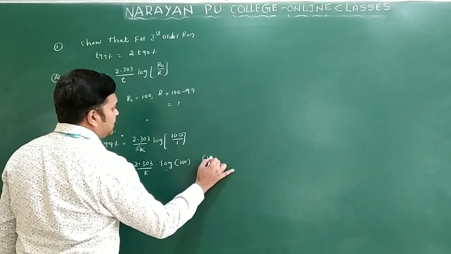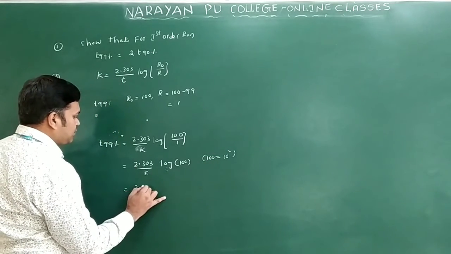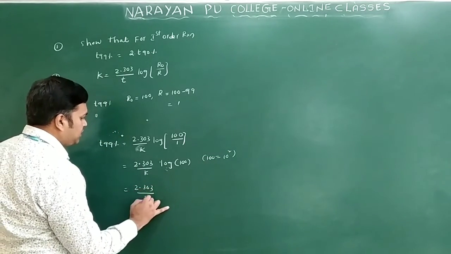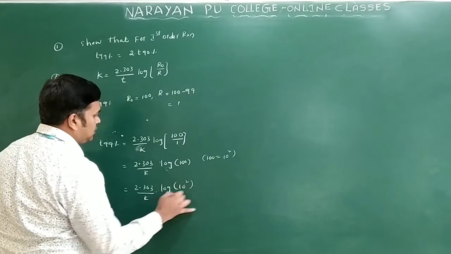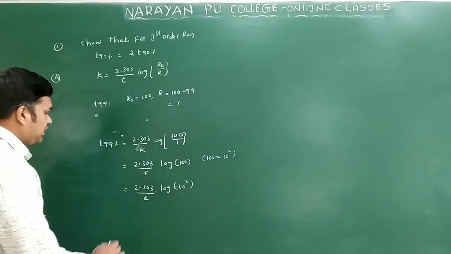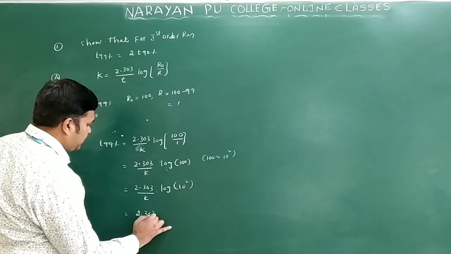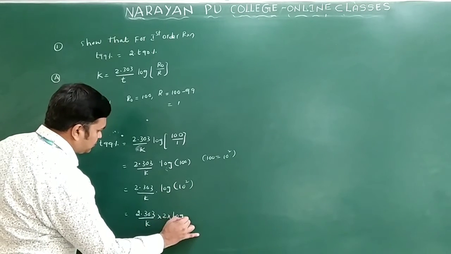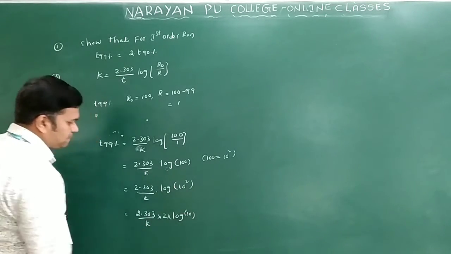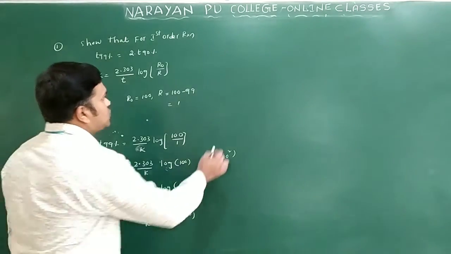Can I write 100 as 10 square? So you will write 2.303 by K into log 10 square. How can you write log 10 square? This is 2.303 by K into 2 into log 10. What is the log 10 value? Log 10 value is 1. So from this what you will get?